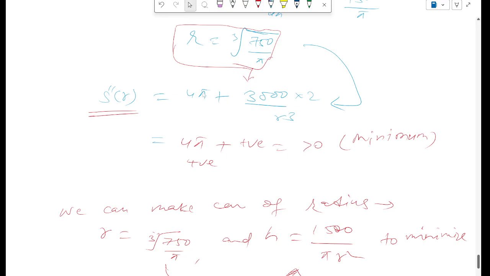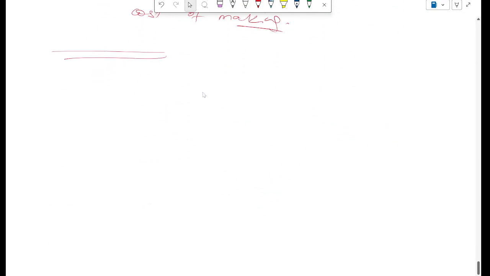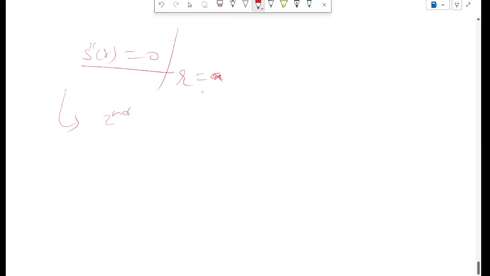Now one more thing I want to clarify: what happens if the second derivative becomes 0 when we put r equal to some value, let's say a, and this second derivative also becomes 0, it does not become any positive or negative value, then what will happen? In this case we say that the second derivative test failed. We are not able to conclude whether it will give us minima or maxima based on the second derivative test.